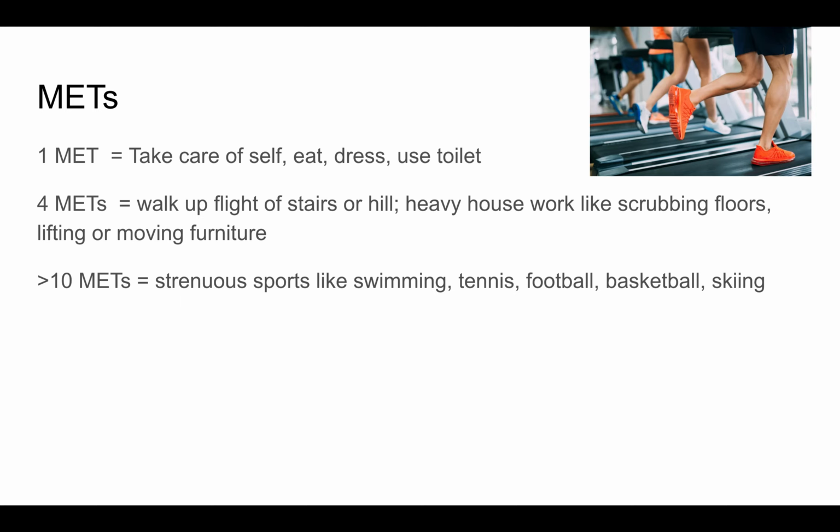Greater than 10 METs is equal to strenuous sports like swimming, tennis, football, basketball, skiing, and those are the patients that you're even less concerned with, or at least what was originally taught is you're less concerned with these patients with any cardiac risks.